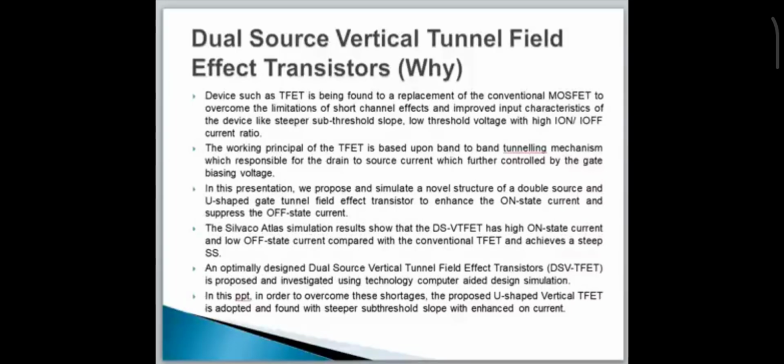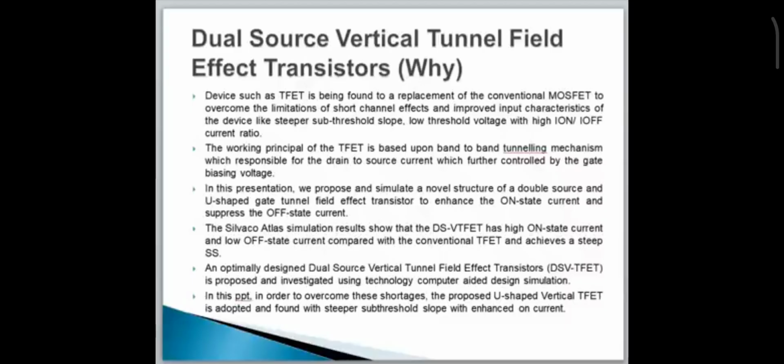An optimized designed dual source vertical tunnel field effect transistor is proposed and investigated using the technology computer aided design simulation tool Silvaco TCAD. In this PPT, in order to overcome these shortages, the proposed U-shaped vertical TFET is adopted and found with steeper subthreshold slope and enhanced on current.